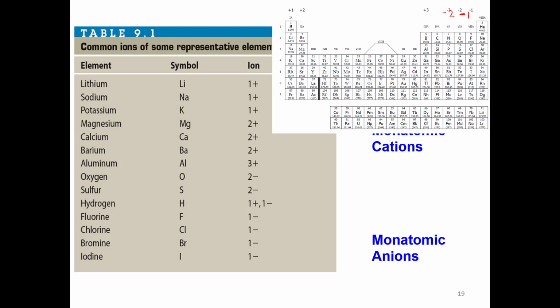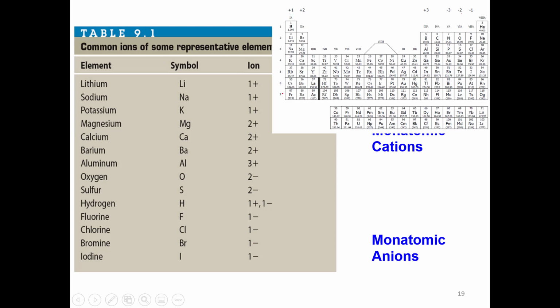Let me just delete this part. And in the equation sheet, you will have this table. And in this table, you see the numbers on top. They indicate what is the charge for each group. And you will need to know this when you need to write the formula, or you need to write the equation for the reaction. You don't need to really memorize this table, you will have all the information here in the table.